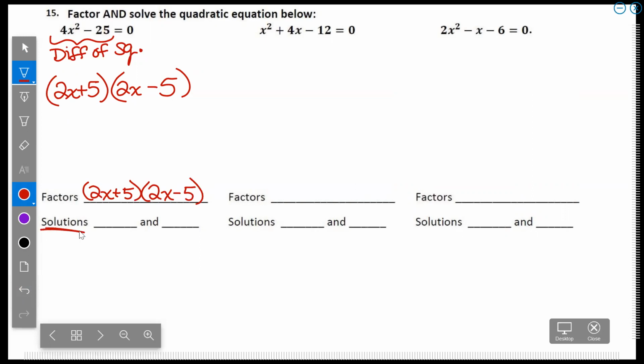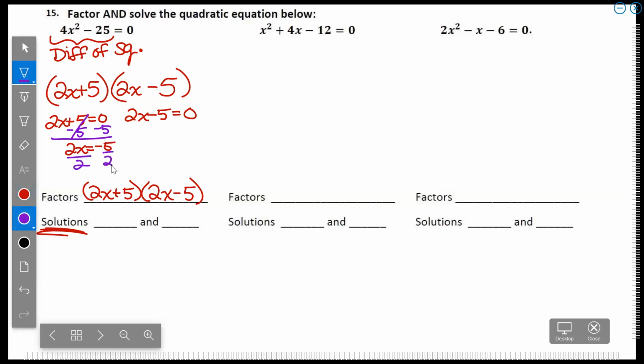How do I find the solutions now that I have the factors? Set them equal to 0. 2x plus 5 equals 0. 2x minus 5 equals 0. For this one, I would subtract 5 from both sides. So I get 2x equals negative 5.